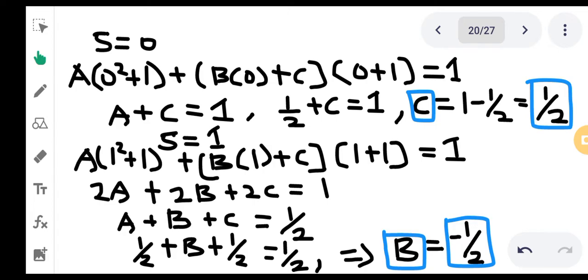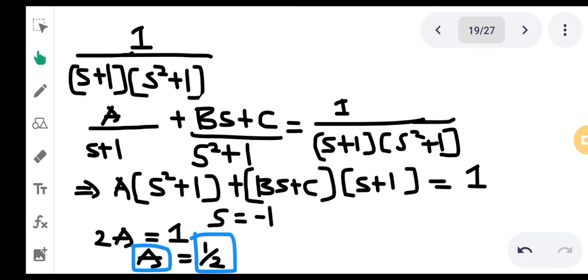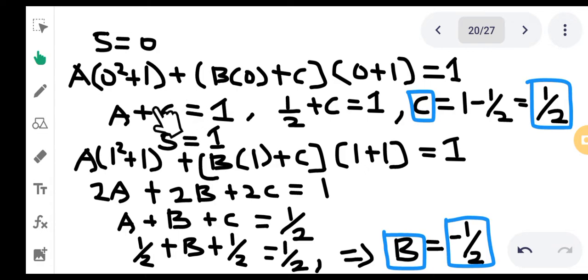We found A to be half, so just make a substitution for A, make C the subject, and you are going to get 1 minus half, which is half.